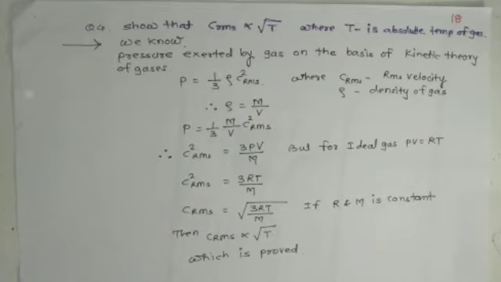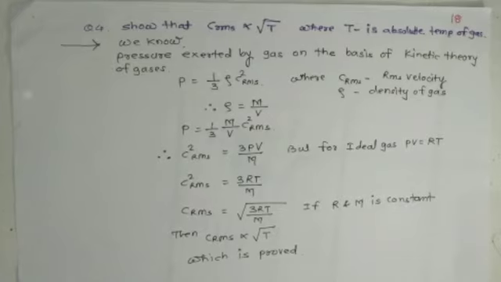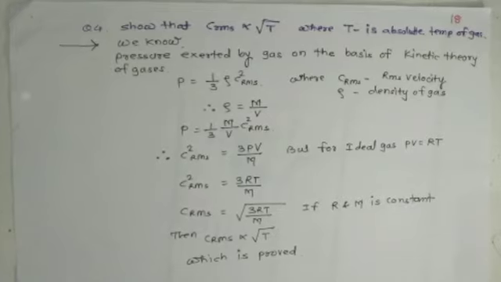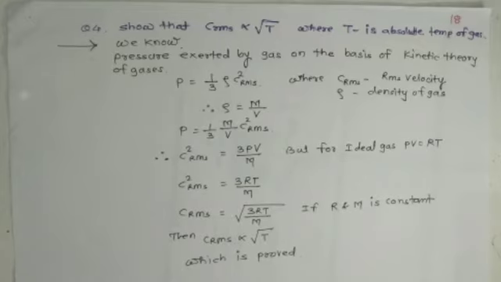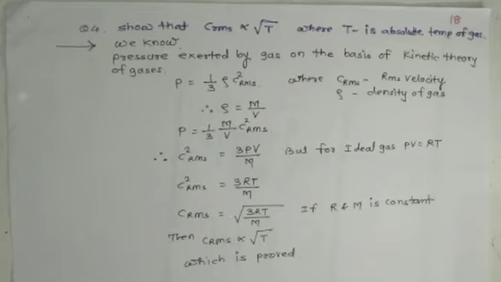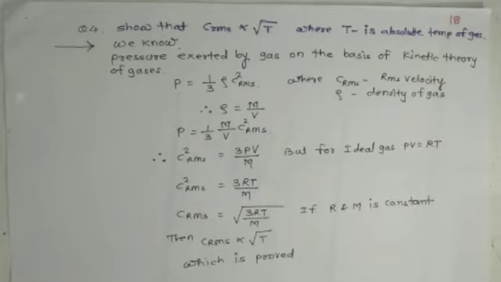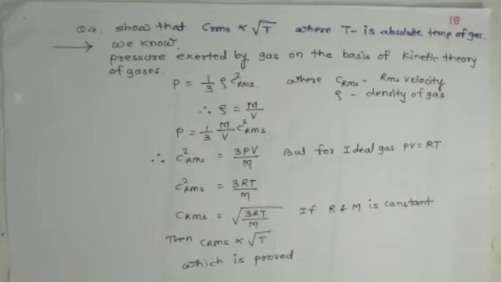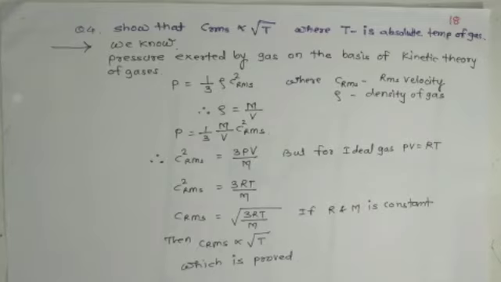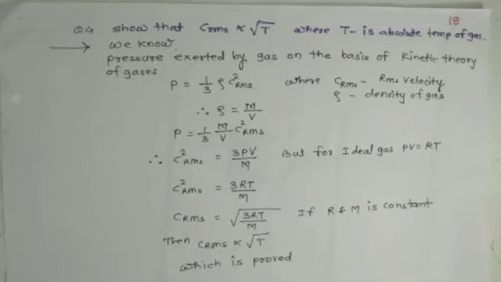So P equals 1 upon 3 m upon V c square RMS. Therefore c square RMS equals 3 PV upon capital M. For an ideal gas, PV equals RT, so c square RMS equals 3 RT upon capital M.